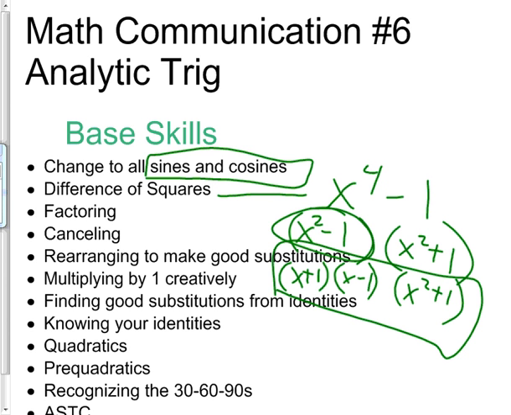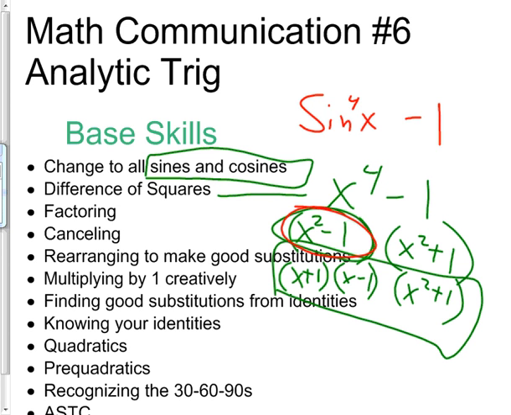Now what if that had been a plus instead? The 1 on the right is a plus, and a difference of squares is only the minus part. All right, so then this part right here, a lot of people forget to take it the next step. So if that had been a sine x with a little 4 there, sine to the 4th instead of sine squared, minus 1, it would have broken down exactly the same way.